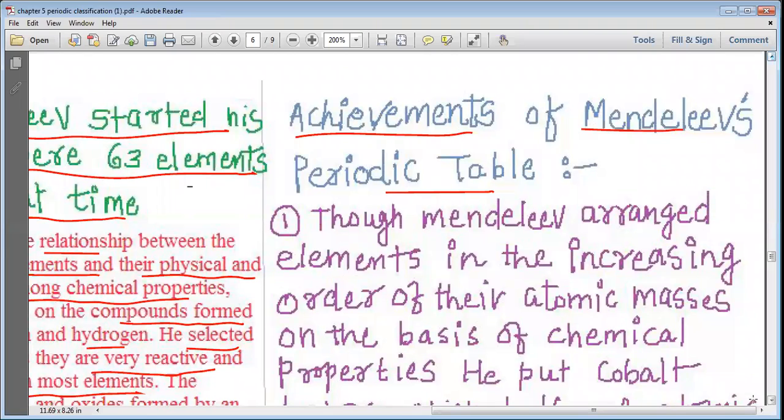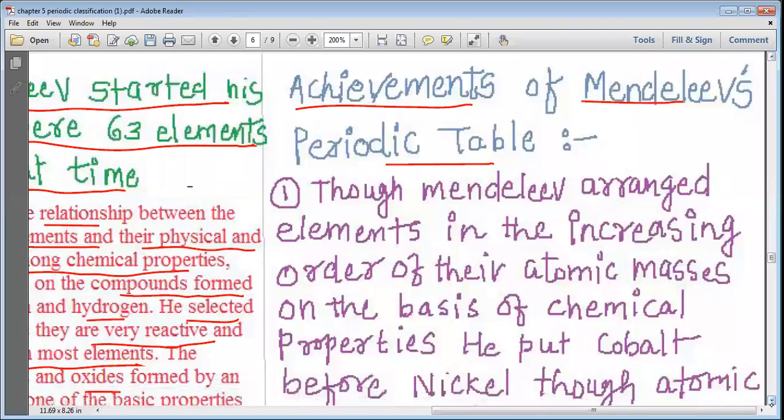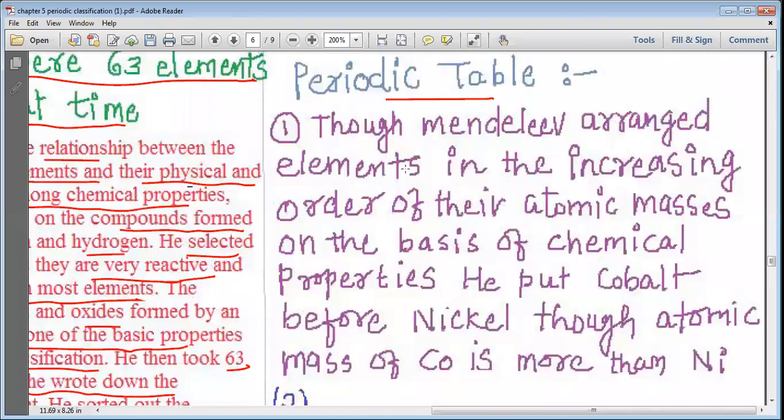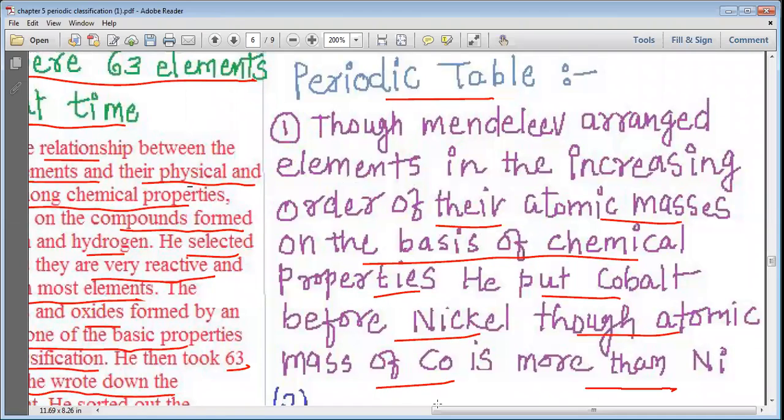The first achievement: though Mendeleev arranged elements in the increasing order of their atomic masses, on the basis of their chemical properties he put cobalt before nickel, though the atomic mass of cobalt is more than nickel. Now, this was a very good achievement, that Mendeleev considered the chemical properties.